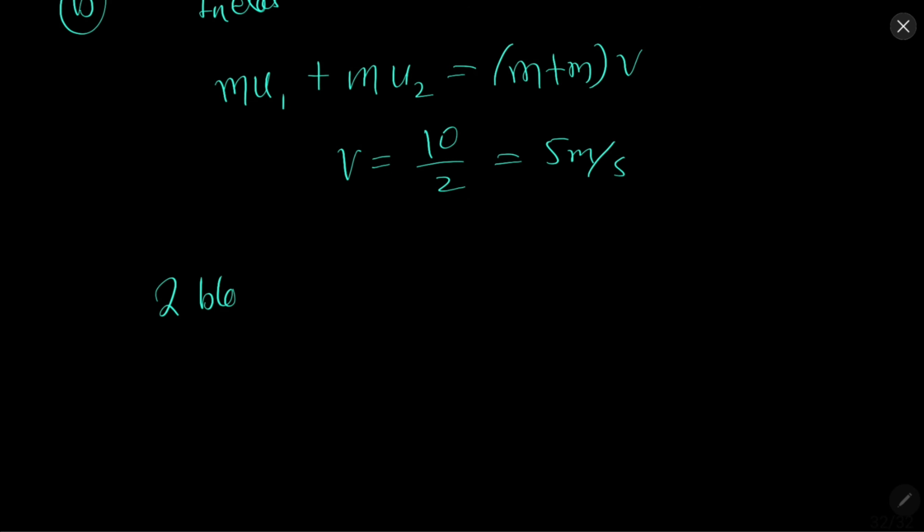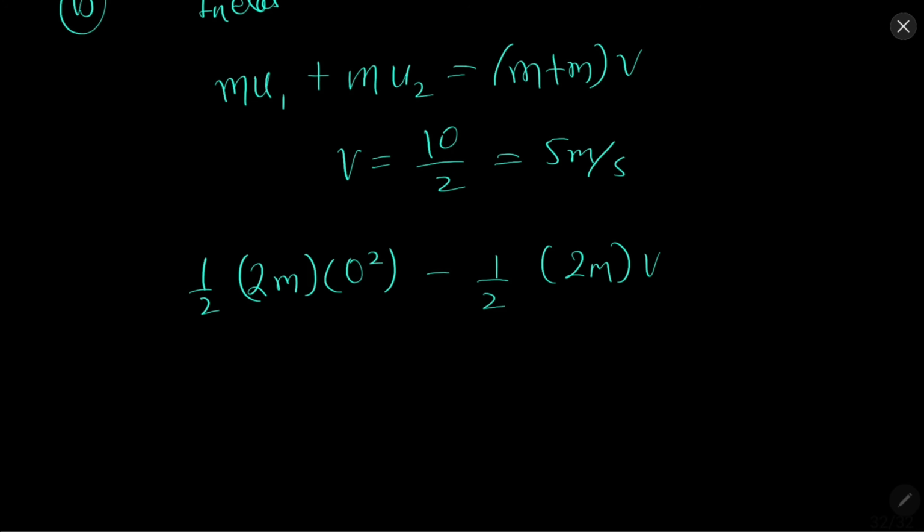Now two blocks move together, and using work energy principle we can write this equation. So ultimately what we will have is that displacement will be 12.5 meter in this case.